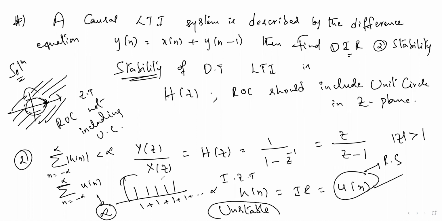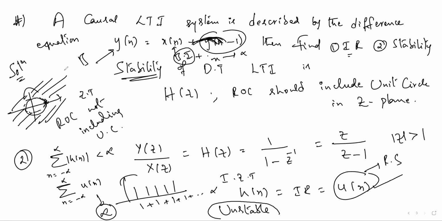And one more method, from the first introduction concepts, is determining system stability as bounded input, bounded output. You give some bounded input x of n here. What about y of n? Each time the past output y of n minus 1 is being added continuously. As n goes to infinity, by adding this term an infinite number of times, a bounded quantity repeatedly added infinite times means the output will be unbounded.